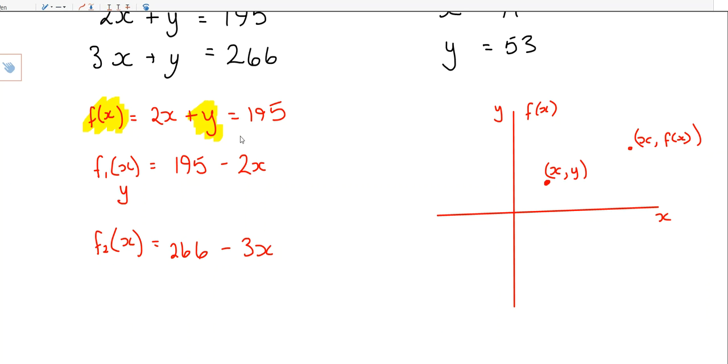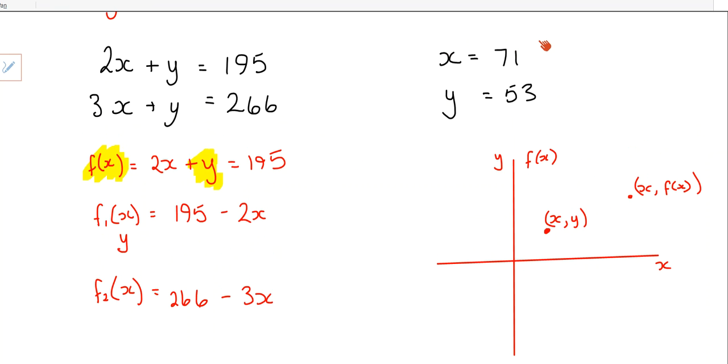Now, we should know, actually, what do I need to include? I know where the intersection is because I've already solved them. I don't always know, but what do I need to set my window to? What does x need to at least go up to? 100? Well, minimum it needs to go 70, 71, 72.